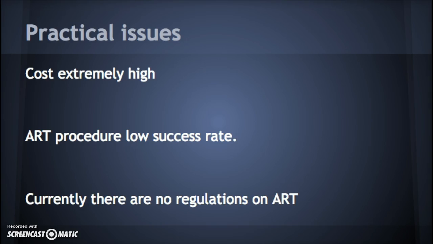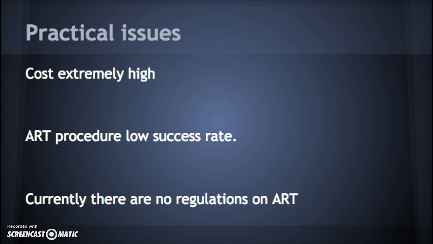Which brings us to the next idea, that the ART procedure has an extremely low success rate. The odds of that child coming to full term, being born and surviving is less than 14%, which is extremely low compared to the natural birth rate. This means that those who are attempting the procedure still cannot do it effectively.